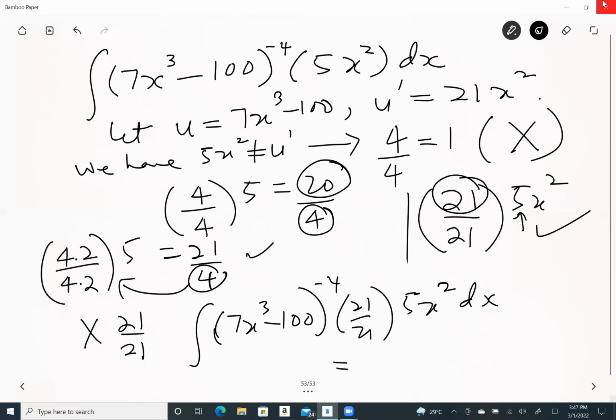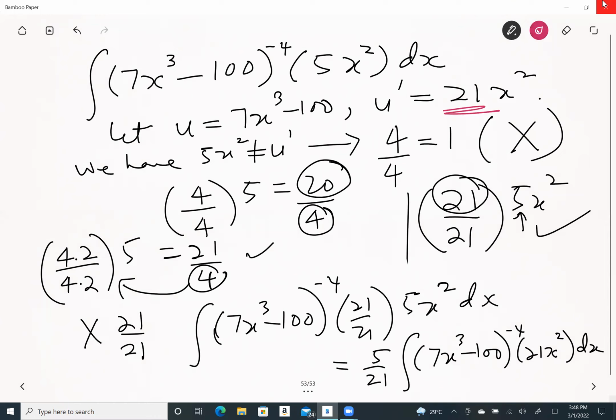So rearranging, you get 5 over 21, take it out, the constant, 7x cubed minus 100 to the power of 4. Now you have 21x squared dx. So you have the form u to the power of -4 u prime dx, because u prime is 21x squared.